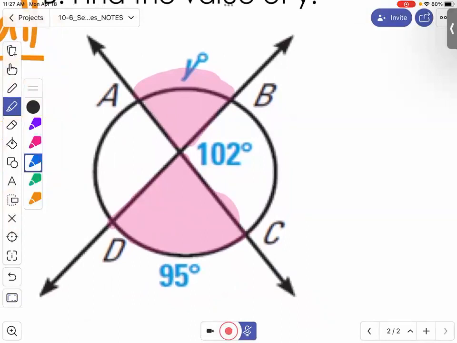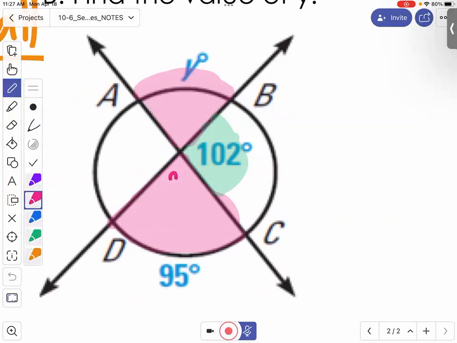What I do have though is a neighbor. I have a neighboring angle here. What we know about neighbors is they make linear pairs. So this empty angle that I don't have and 102 is a linear pair, neighbors, they make that secant line.